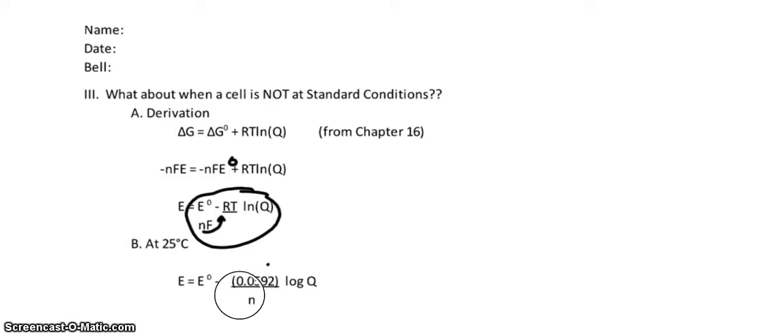And we end up with 0.0592 over N, because again, that's going to change depending on the reaction, times the log, log, not the ln, the log of Q. So combining all those constants in a sense, even including the transition between natural log and normal log, that's going to be our equation we're probably going to use a lot.